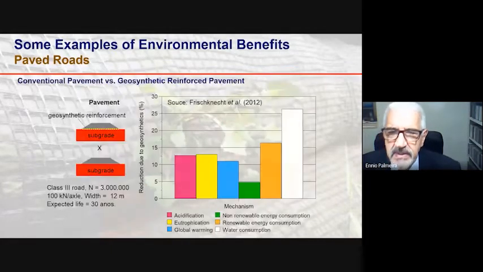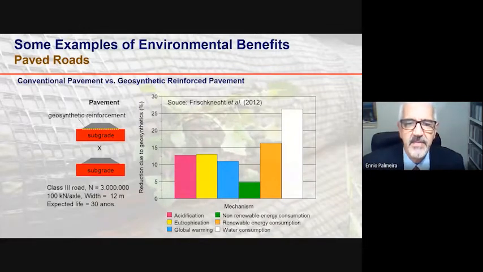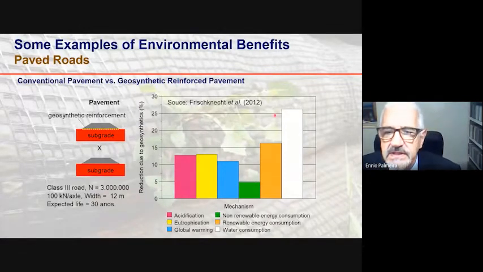So what are the implications in terms of environmental impacts? These researchers investigated that, and here are some results that they presented, showing the reduction of some environmental impact parameters when we use geosynthetics in comparison with the conventional pavement design solution.